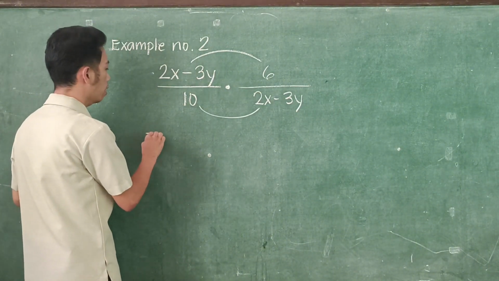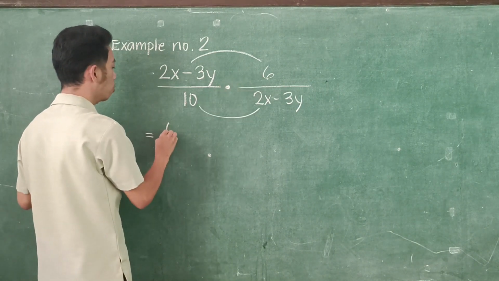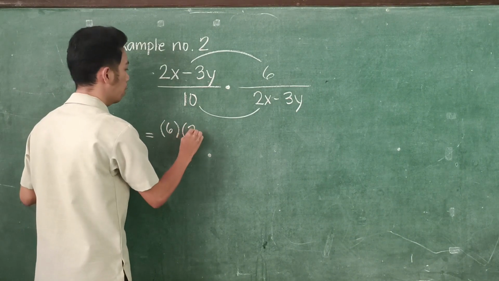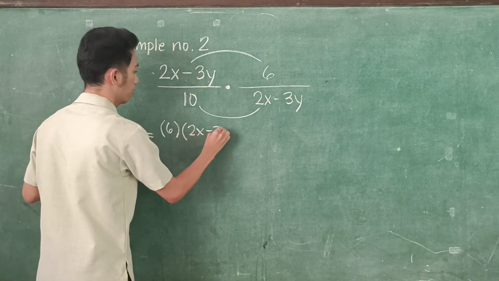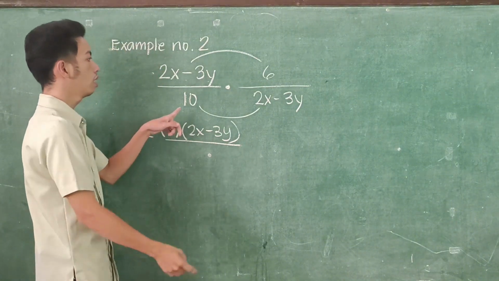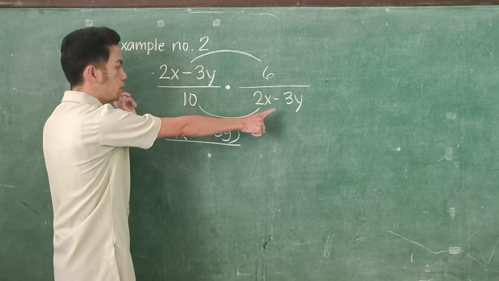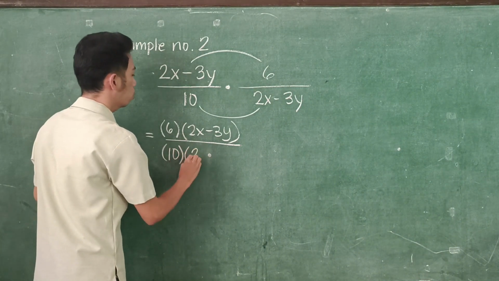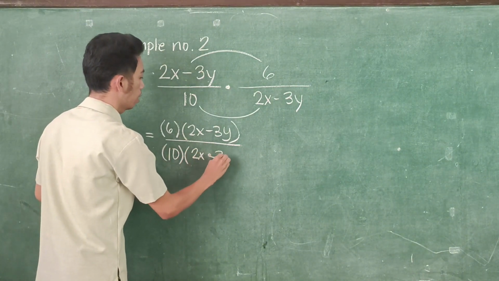So pag ni-write mo siya in a factor form, si 6 nandito, then multiplied by 2x minus 3y. Okay. Then over, yun nasa baba, ganun din. We have 10 multiplied by 2x minus 3y.